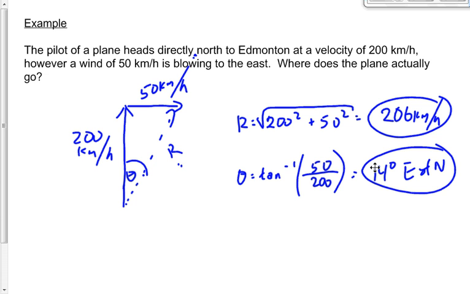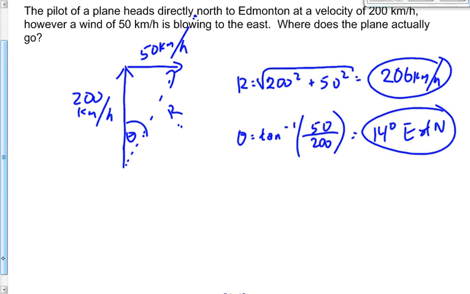Yeah? Yes, yes. That's right, yes. If you didn't hear that, guys, Louis said for the direction, could we put 76 degrees north of east? Would that be correct? Absolutely, it would be correct. That would just mean that you drew it like this, 50 and then 200.